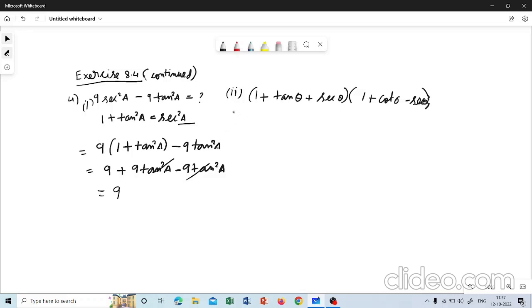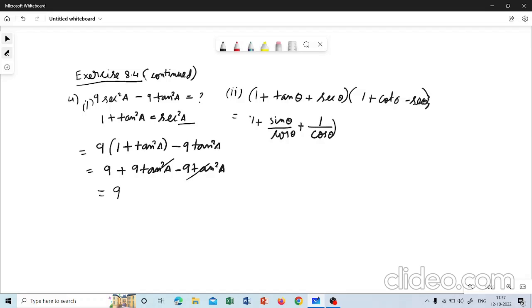What happens is, now I'm going to expand it. So it is better to write everything in terms of sine and cos. So I'll begin like this: 1 plus, tan theta is sine theta by cos theta, plus secant theta is 1 by cos theta.